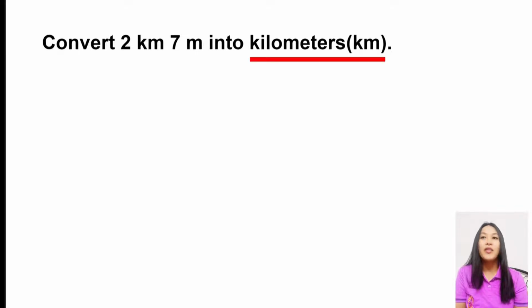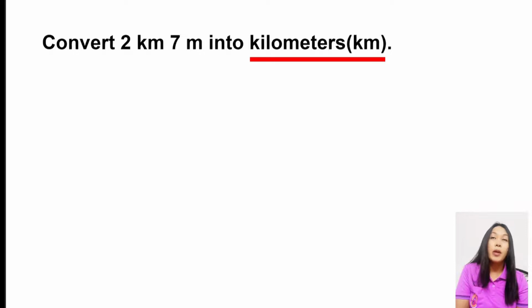We are asked to convert it into kilometers, so since 2 is already in kilometer, we now have to convert only 7 meters into kilometers. In order to convert meters to kilometers, we have to divide the number by 1000, okay?